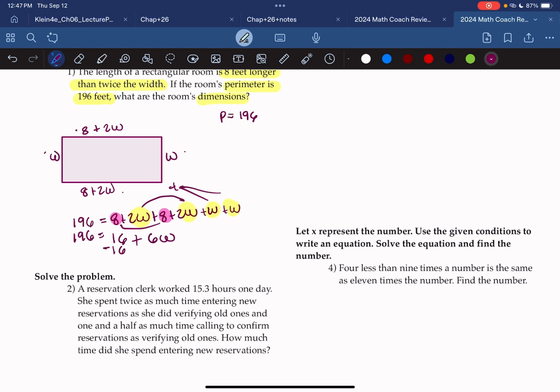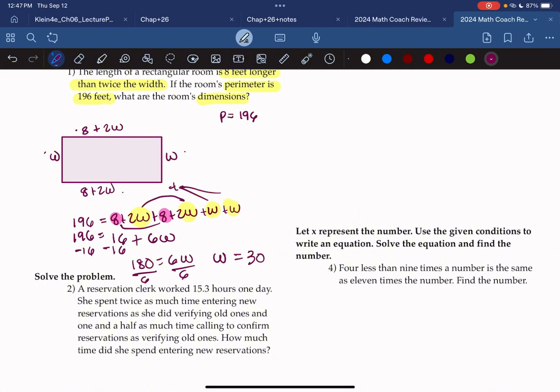Now we subtract 16 from both sides, which gives us 180 equals 6w. And now we divide by 6, and w is going to give us 30.